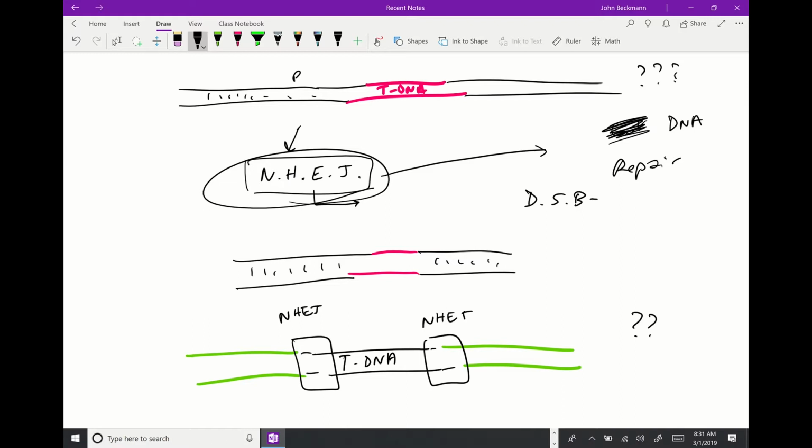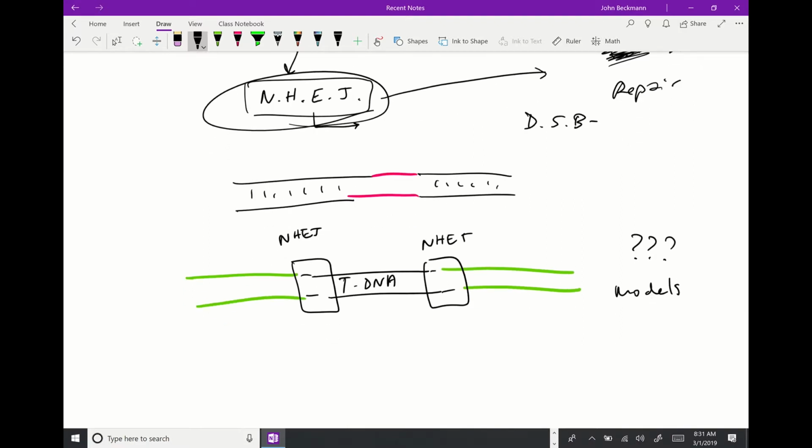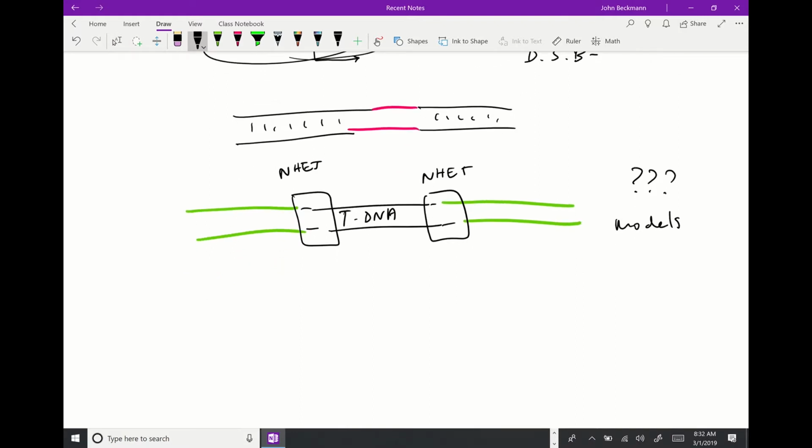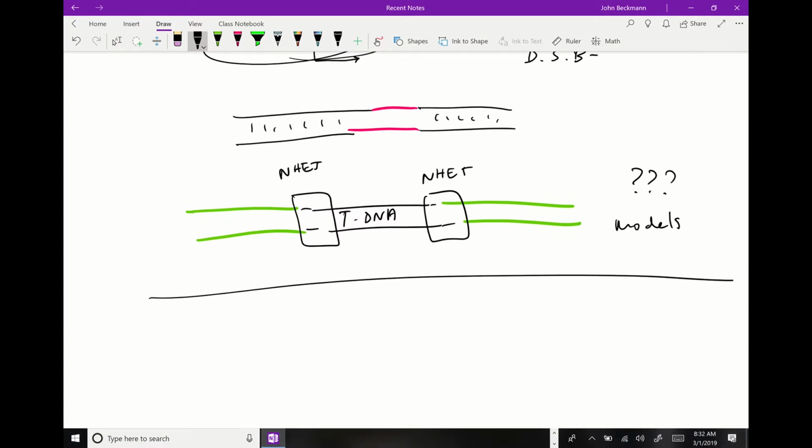But we don't know. This is one of the models. This has not been proven yet. If you read the most recent review, I read a 2017 review, they still don't quite know the mechanism of the integration. But all you guys need to know is that it's random, and it seems to mimic non-homologous end joining, which means it just pops in.